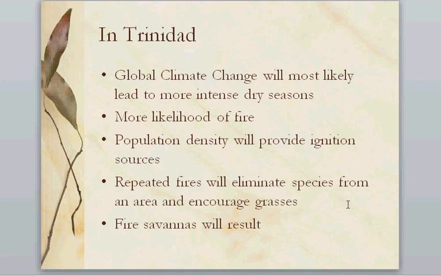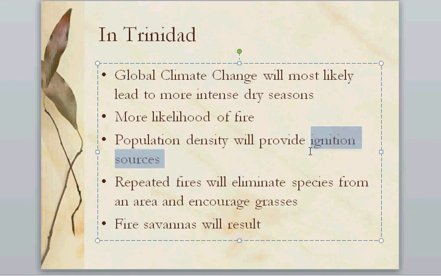There's going to be more fires in the areas where dry seasons are more intense, so it's no accident then that you tend to get more fires in the western parts of Trinidad and fewer fires in the eastern parts of Trinidad.